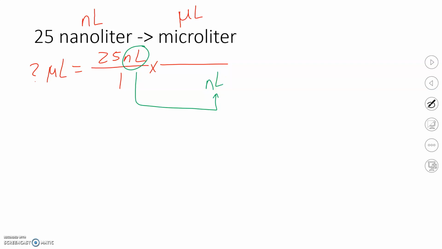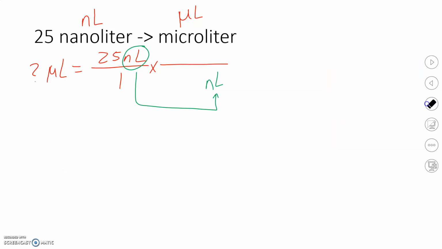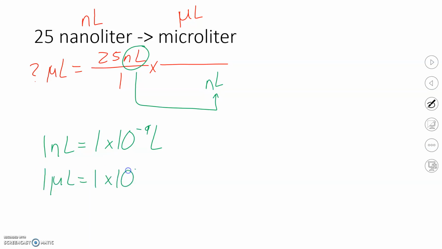We are given that 1 nanoliter equals 1 times 10 to the negative 9 liters. And we go to look at micro. We know 1 microliter equals 1 times 10 to the negative 6 liters. So we have these two.